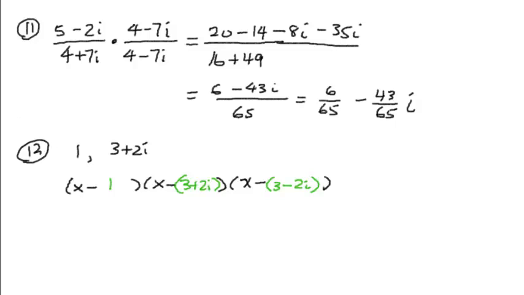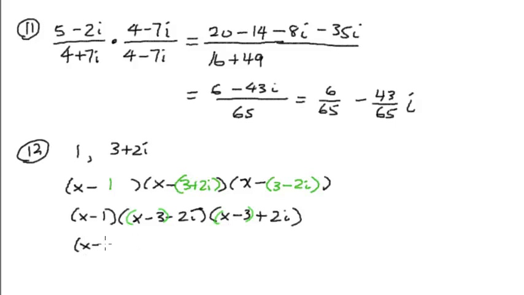Okay. Then I'm going to regroup this. I'm going to have x minus 3 minus 2i and x minus 3 plus 2i. And seeing that I have this difference of squares now, if I regroup that, this becomes x minus 3 squared minus 2i squared.